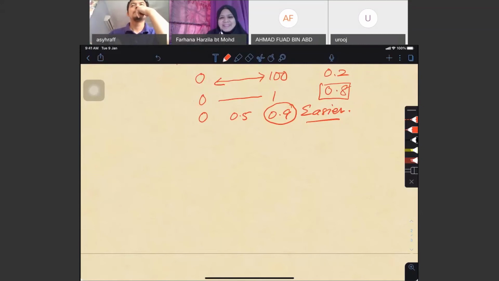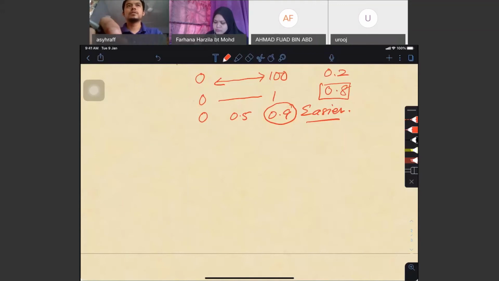And how to link it? Ashraf, any ideas? What I understand is maybe the discrimination index focuses on students, and the difficulty index focuses on questions. Both focus on, okay, you get the data from students' performance, but in both we are focusing on the quality of the questions, the items.